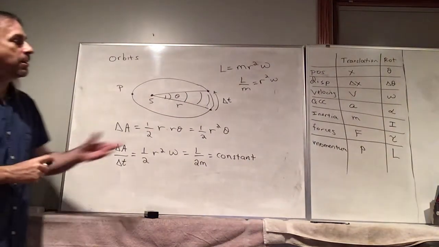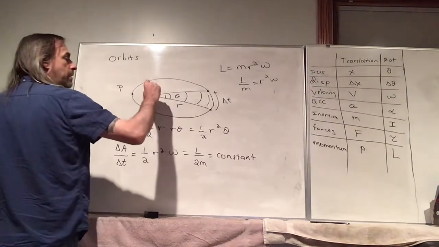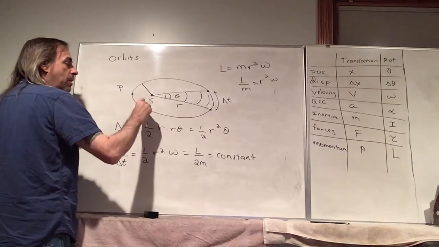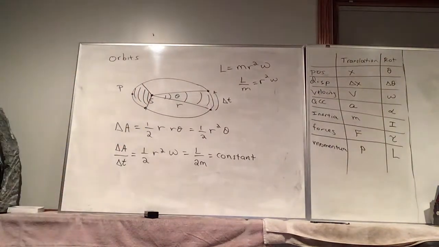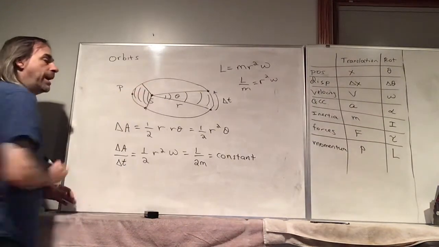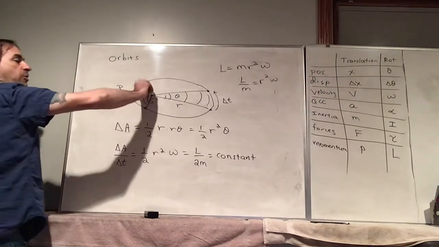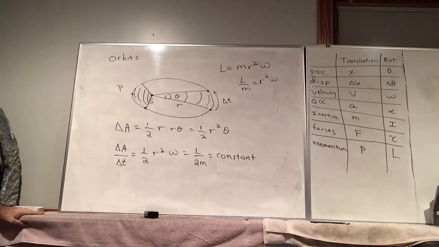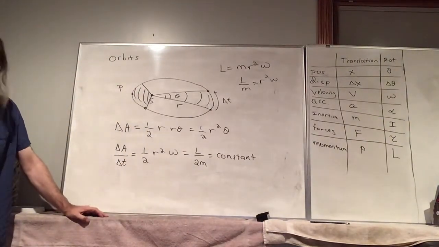And again, if you consider the same time interval just at a different place, let's say we start here and go through delta t, we have to go through the same area. So if those time intervals are equal, these areas that are swept out have to be equal as well. And so we'd have to go through a much larger angle here because we're closer. It would have to be a wider wedge here. And again, this is one of Kepler's laws. It's called equal areas in equal times.